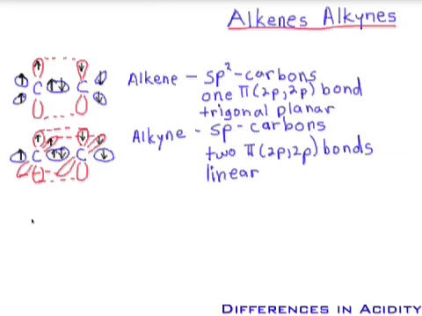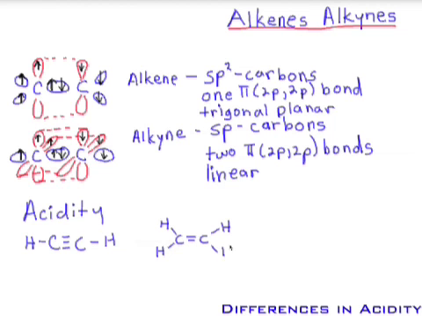Now, organics normally aren't considered acids, but they do vary between themselves in terms of acidity. They're not hugely acidic. If I take the simplest alkyne, ethyne, and I compare it, say, to ethene, and I compare that to ethane, we can calculate the following Ka values.